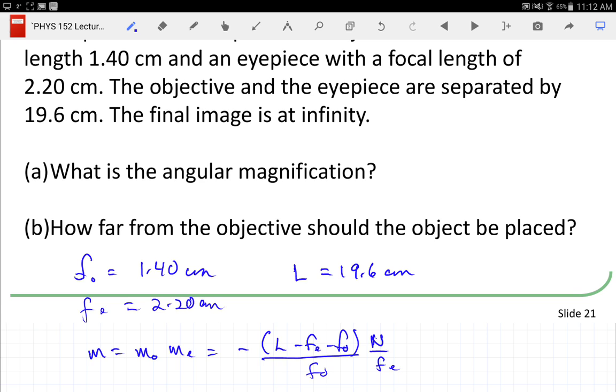I hope I didn't forget the n on the previous slide. I don't think I did, but so that's equal to. I ran out of space.